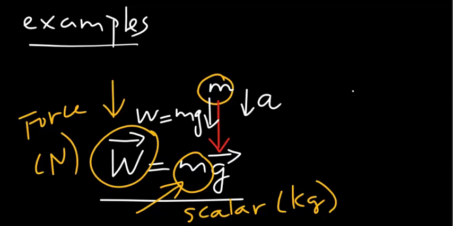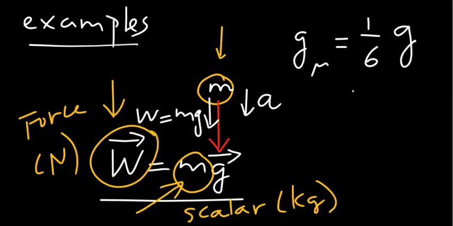If we were to repeat this experiment, where an object is falling in a gravitational field, but instead it's falling in a gravitational field of, say, the Moon, where the gravitational attraction on the surface of the Moon is 1/6 the gravitational attraction on the surface of the Earth.